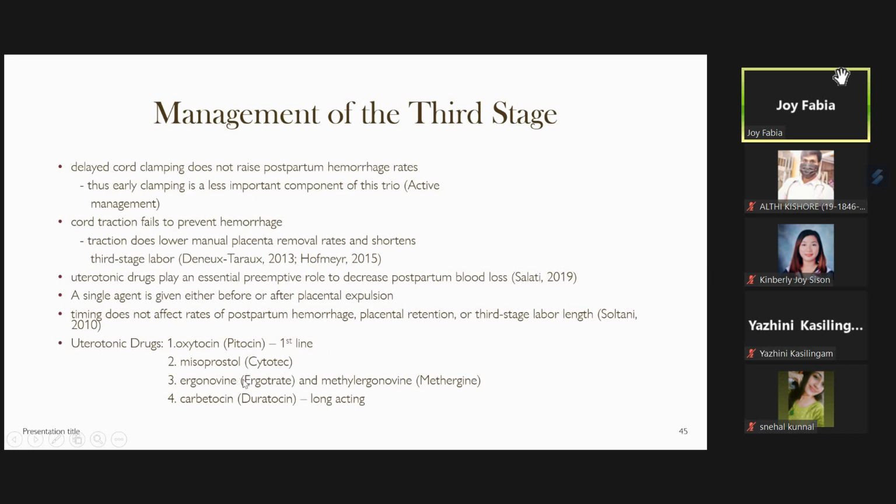Basta doctor gagamit. Kasi ito yung ginagamit nilang pang palaglag yung mga iba. No? And then, aside from that, we use also the metergine or the ergot rate. Pero itong ergot rate, hindi pa ako nakakakita masyado dito. More on metergine. And then, if we want a long-acting one, we can give the carbetocin.